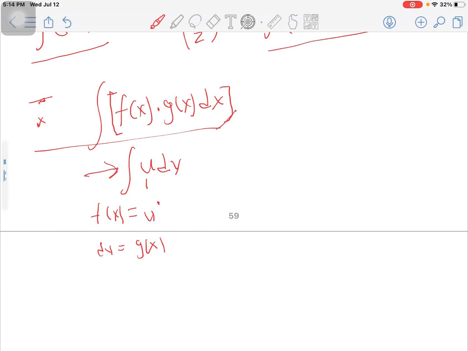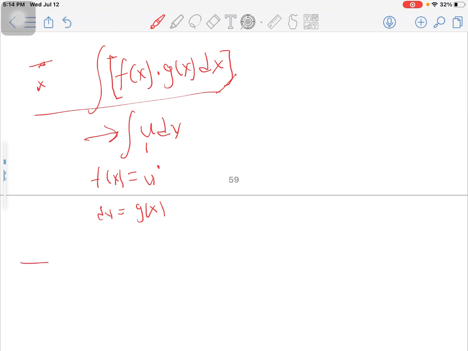My observation is that the one you mostly choose for the u, when you differentiate it, especially when it is a polynomial, must decrease the degree of the polynomial. And then dv must also be integrable, right?